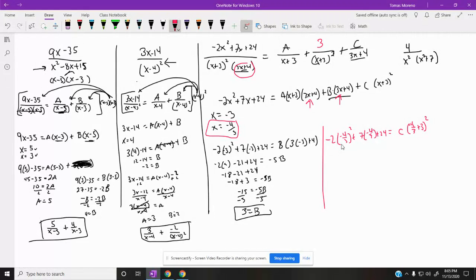Plus 7, -4 over 3 plus 24. So I get 11.11, also known as 100 over 9. Then I'm going to do -4 divided by 3 squared. And I get C, whoa.